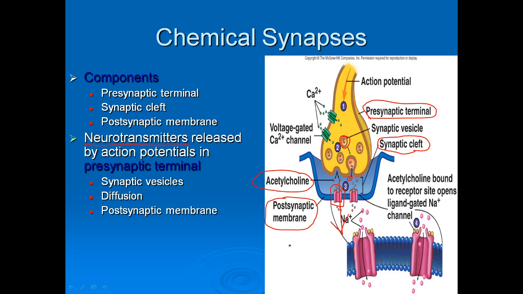All right. Now, in our nervous system, we have a lot of different neurotransmitters. So we don't have just acetylcholine. Acetylcholine is that neurotransmitter at the neuromuscular junction that's going to cause muscles to contract. But we have a lot of different neurotransmitters in our nervous system.